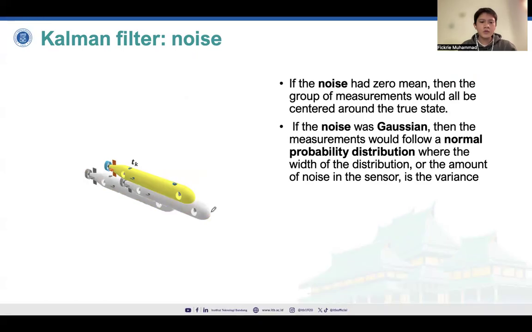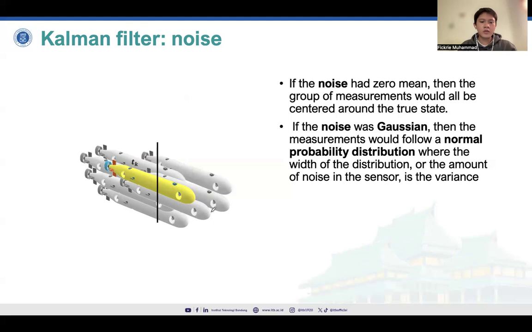And as we said previously, our data from the INS system has a lot of measurements per second, so we'll get a lot of measurements in one state. If the noise is zero mean, then this group of measurements will all be centered around the true state, the zero mean Gaussian.